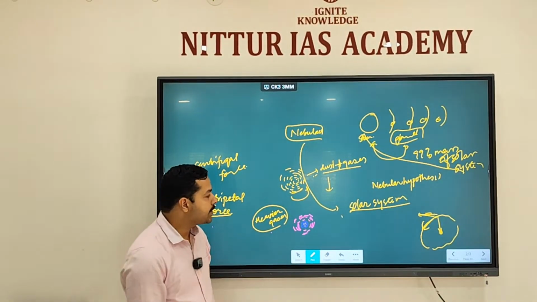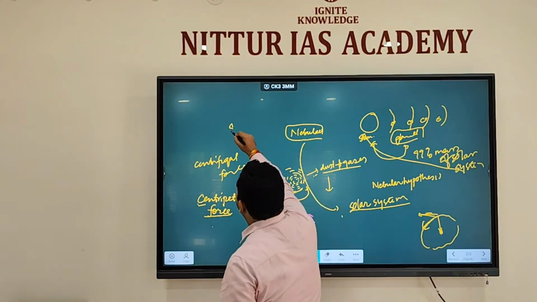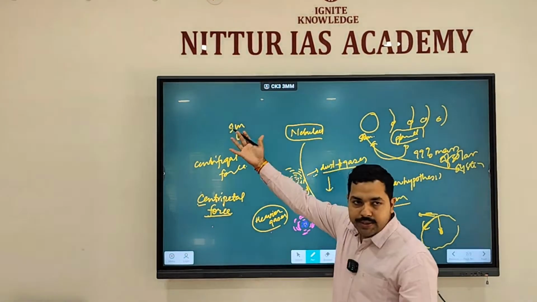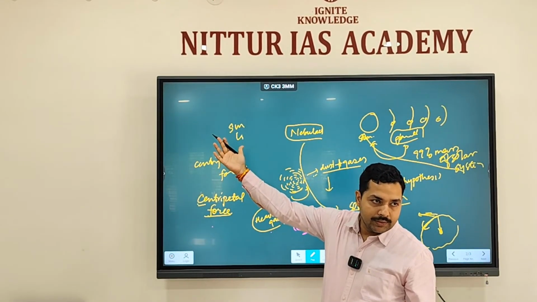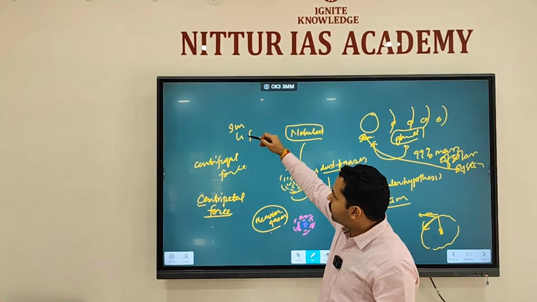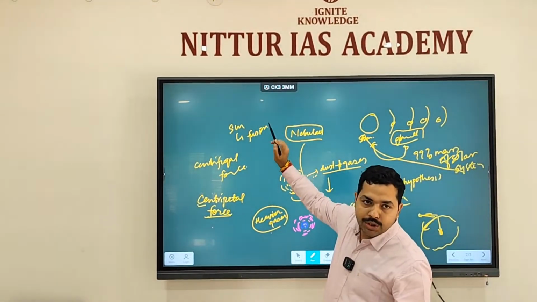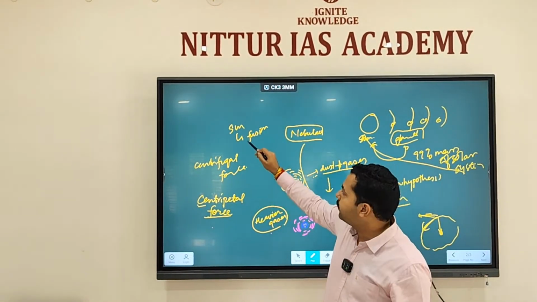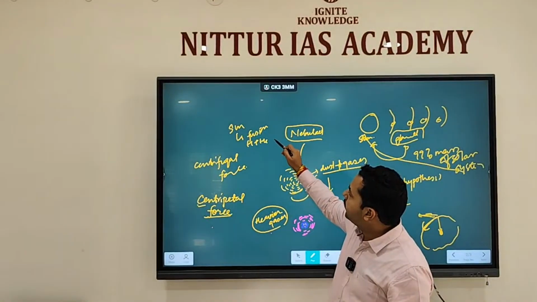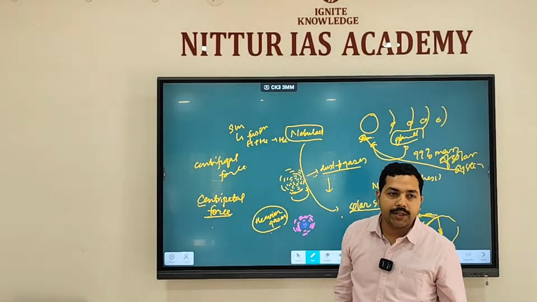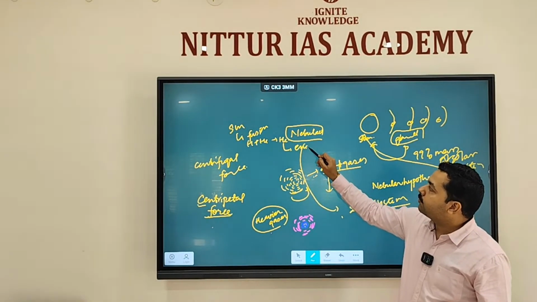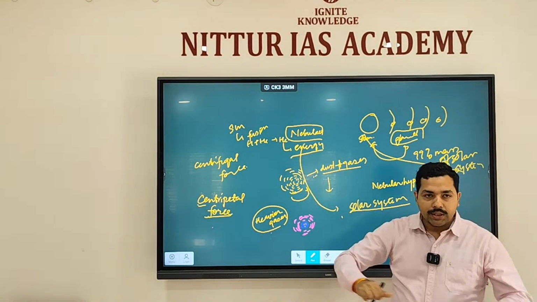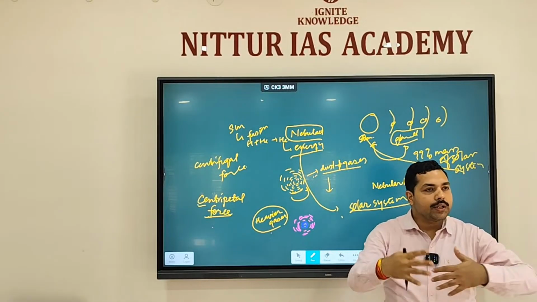Like in the sun, what is happening? Sun is a star having its own light. How is it having its own light? By the fusion process. In the sun, nuclear fusion is taking place, where hydrogen is combining to form helium, and this fusion process releases a lot of energy, and this energy is being radiated by the sun.